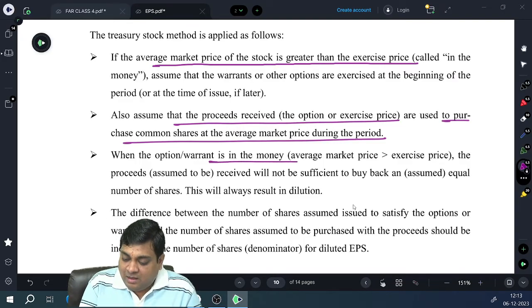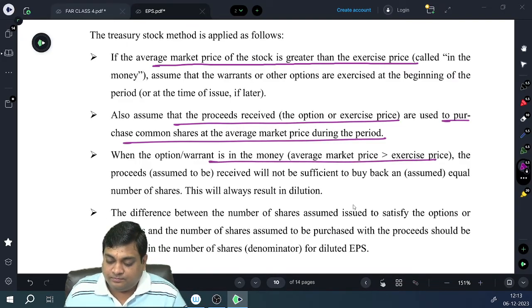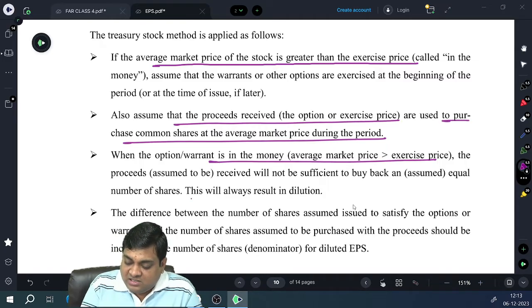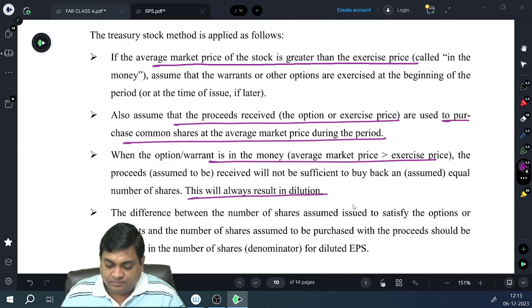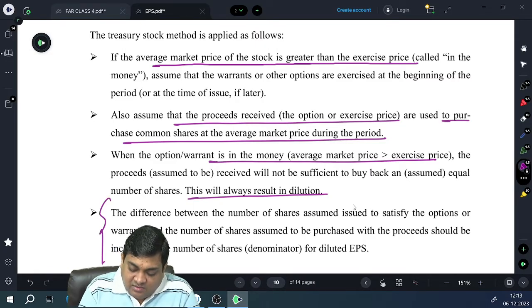It has to be in the money. So this results in dilution. So the difference will be the incremental increase.